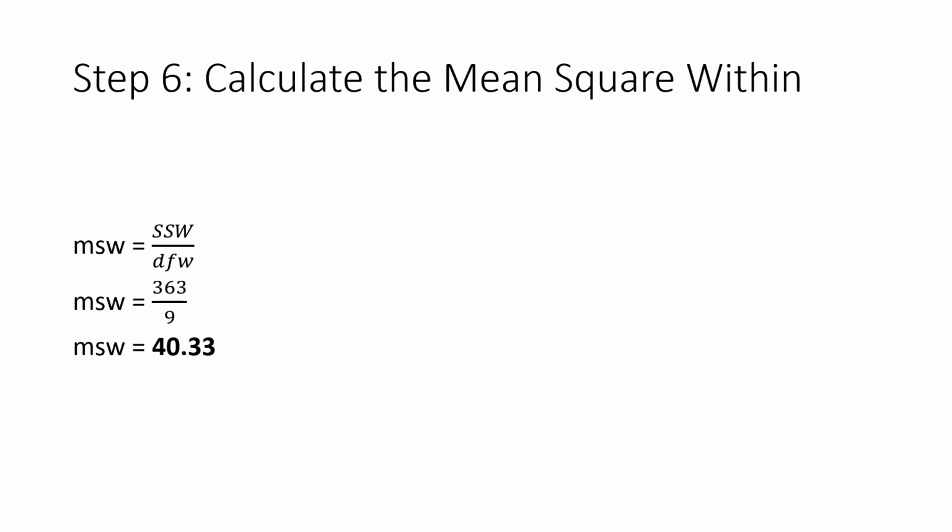So the sum of squares within we calculated to be 363, and the degrees of freedom within we calculated to be 9. So if you simply take 363 and divide that by 9, you get a mean square within of 40.33. Now just hold that number in your mind.